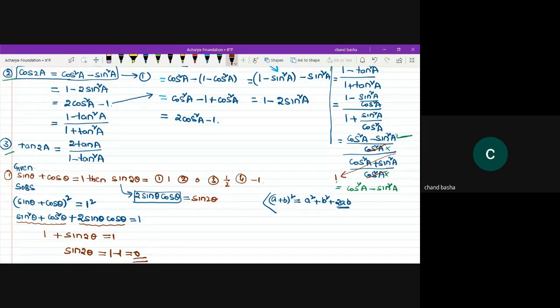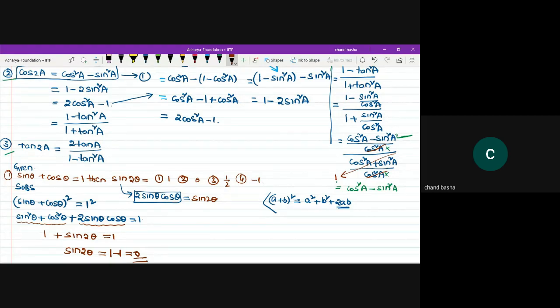Once again, sir, how can we approach? The sum is given, he is asking for the product. A plus B is given, he is asking for A into B. When will you get A into B? Only when we square on both sides of this relation. When I square on both sides, a square plus b square tends to 1, which we already proved. 2ab means 2 into sin theta cos theta, that is sin 2 theta.